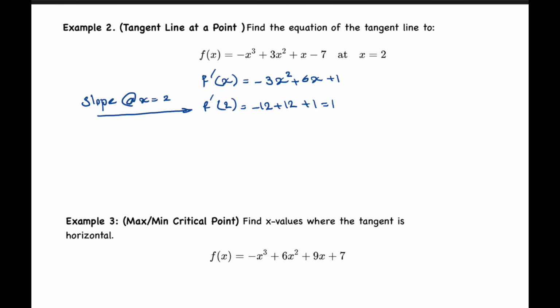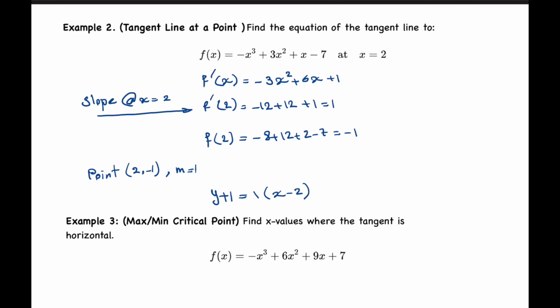That gives us a slope of 1. Now let's find the y value. Plug x = 2 into the original function: -8 + 12 + 2 - 7. That's -1. So the point is (2, -1), and the slope is 1. Now let's write the equation using point-slope form. y + 1 = 1 times (x - 2). So the equation of the tangent line is y = x - 3.